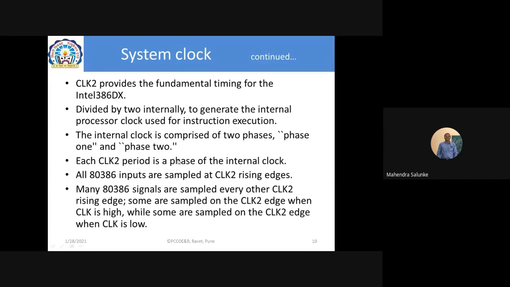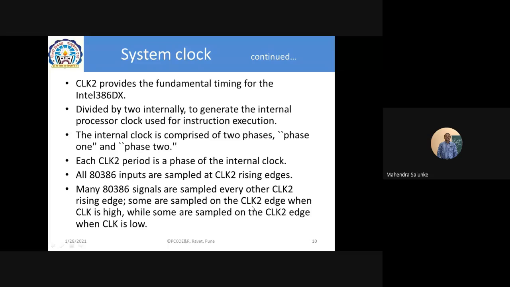Then many 80386 signals are sampled at every other CLK2 rising edge, while some signals are sampled at every CLK2 rising edge.